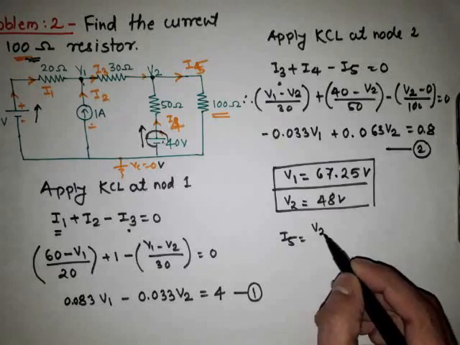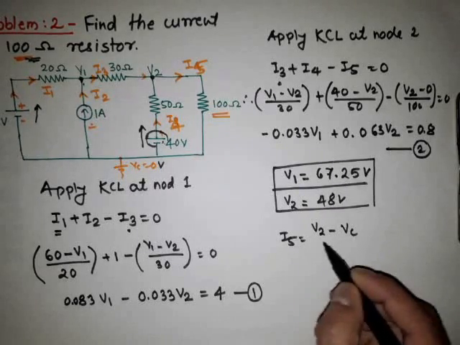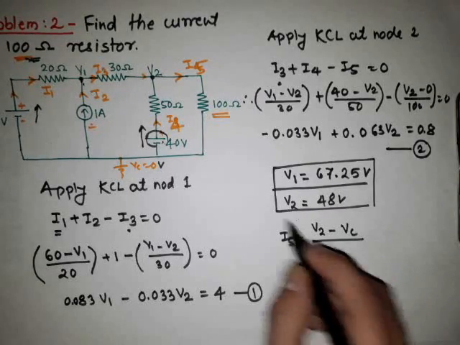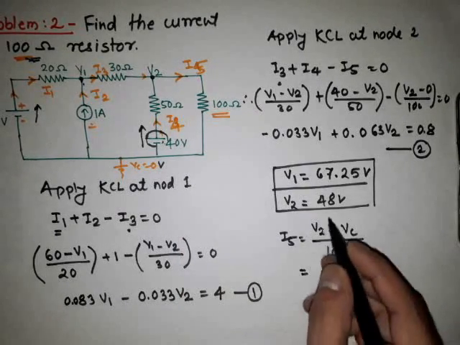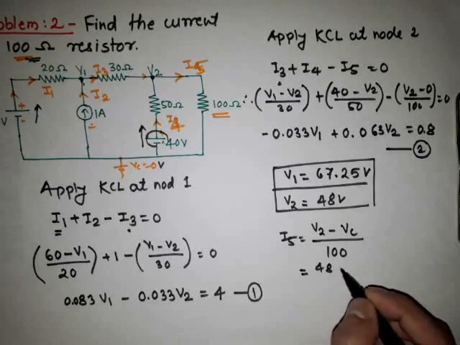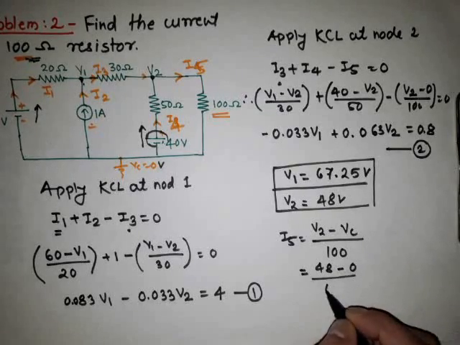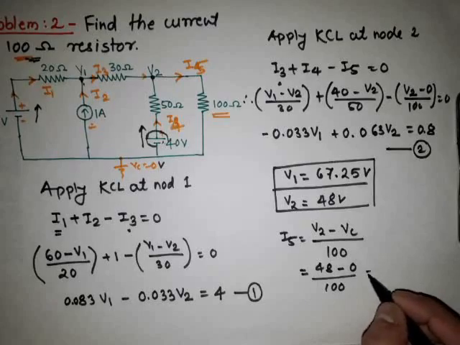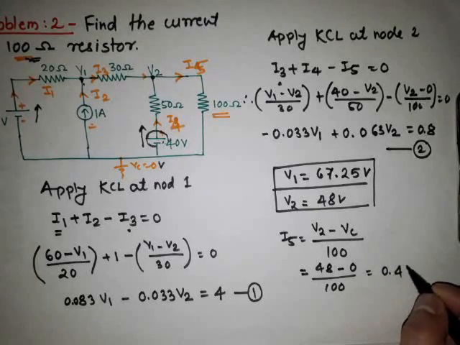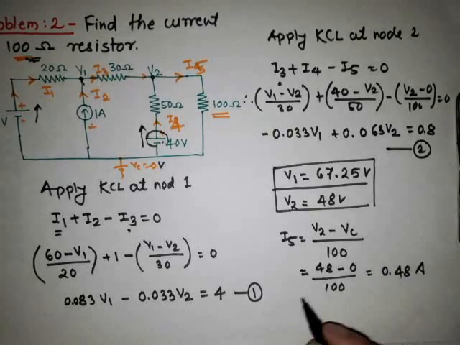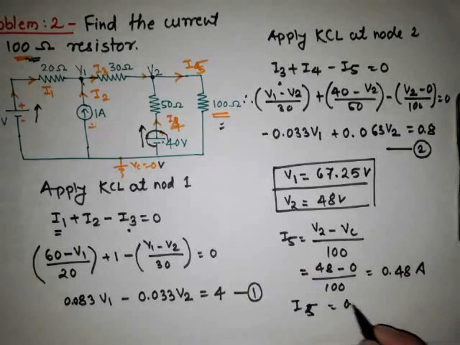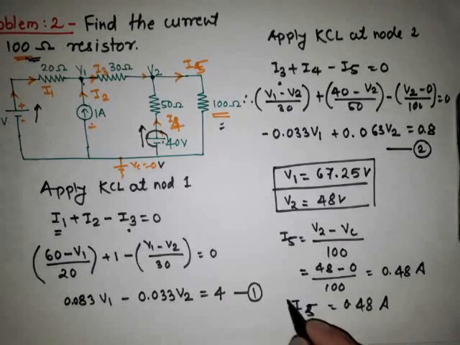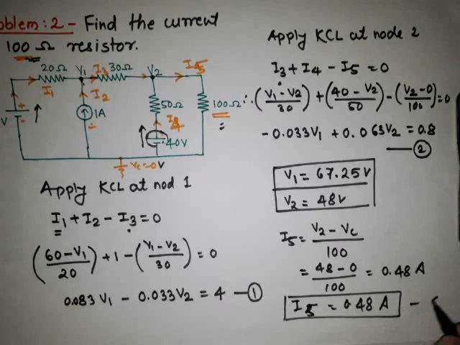The initial voltage is V2 minus the final voltage Vc, which is the reference voltage, divided by the resistance 100, which is equal to V2 is 48 minus Vc is 0 divided by 100, which is equal to 0.48 ampere. This is the final current flowing through the 100 ohm resistor. So it is 0.48 ampere. This is the final answer.